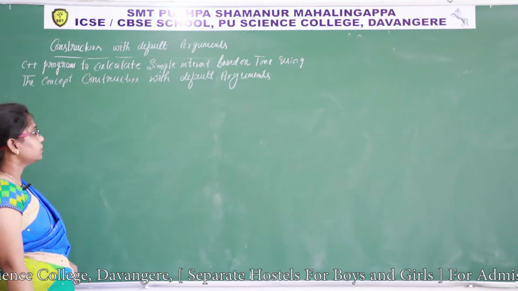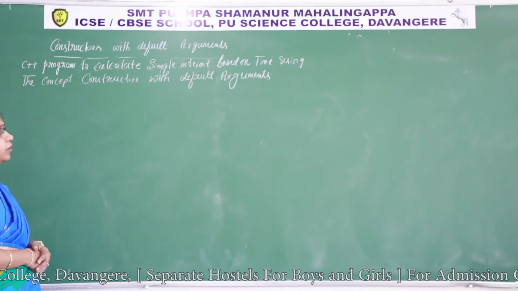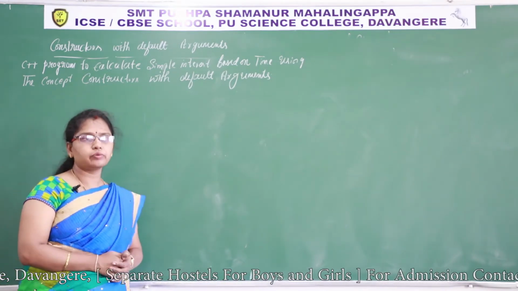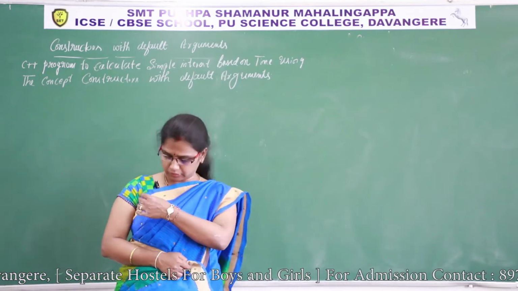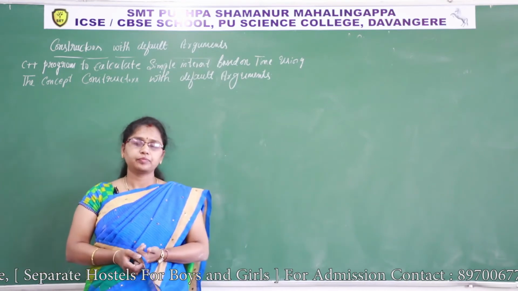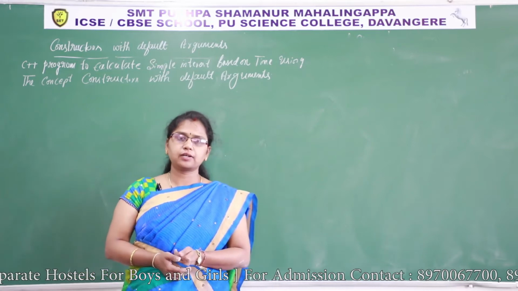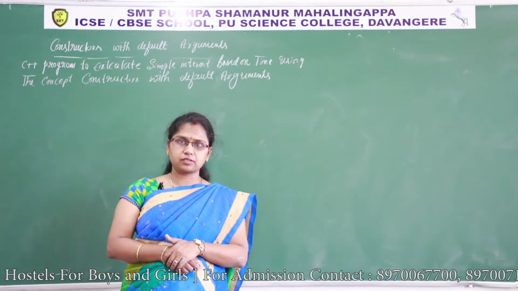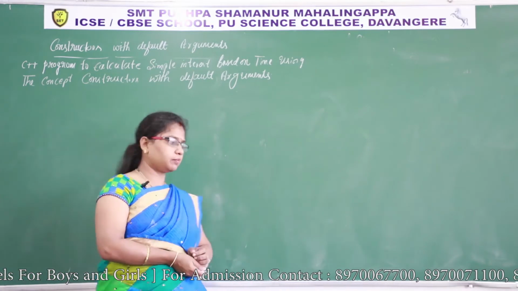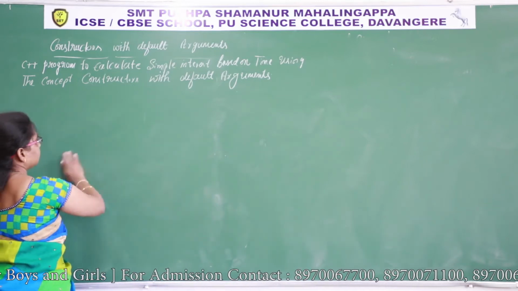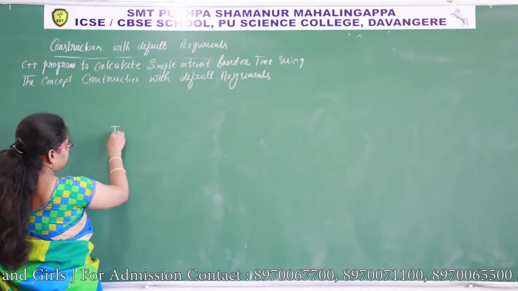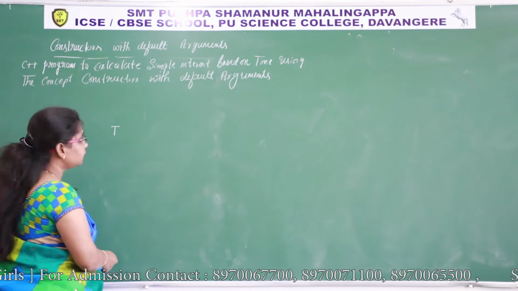Okay, see here, in order to calculate simple interest, the user has to input principal amount, rate and time. Based on the duration, time, we'll set some rate of interest. For example, I'll take time as years: 1 year, 2 years, 3 years, like that.